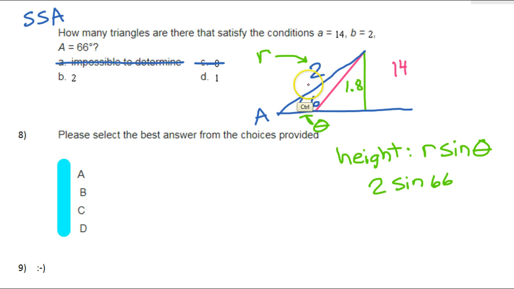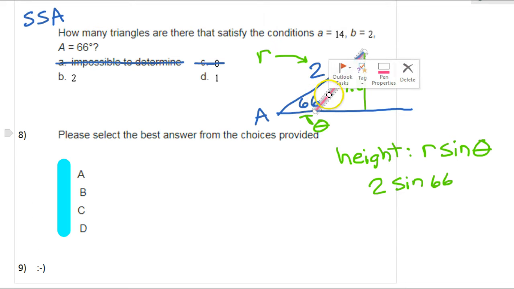The r side over here, see how that's only 2? And then the height is 1.8. If this other length is going to be inside the triangle, it has to be between 1.8 and 2. It has to be long enough to reach the ground. Great, 14 is bigger than 1.8. But it also has to be smaller than 2.